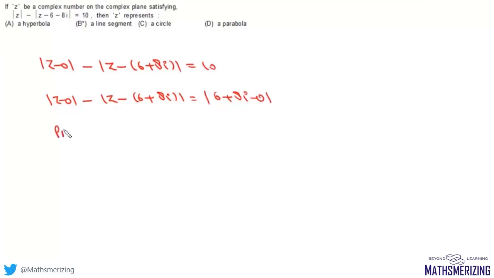Now this is PA minus PB and it is equal to AB. Now if PA minus PB is equal to AB, then this P lies on this ray which is to the right of B. The option which is a little close to that is a line, but basically it's not a line segment.